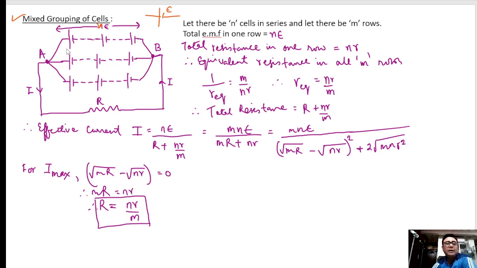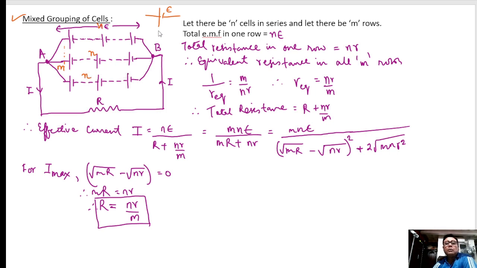And here I have taken m rows. Each row has got n cells. Clear?